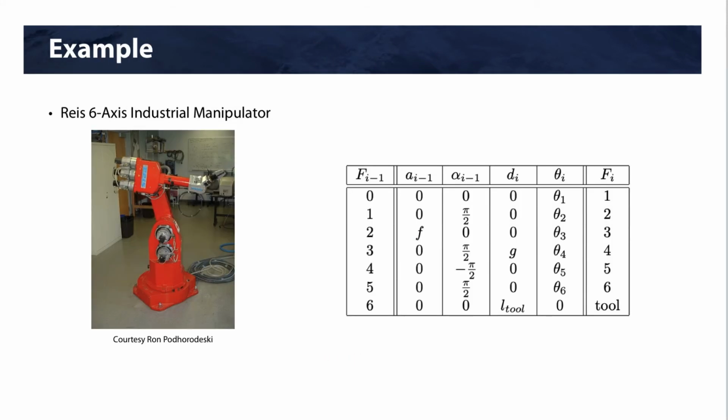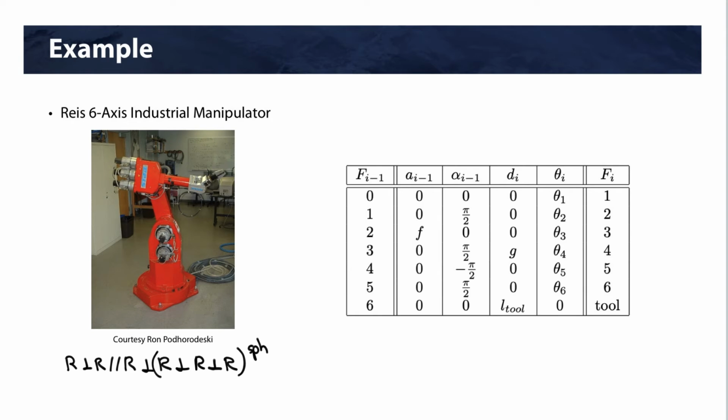So let's look at an example. We're going to use our 6-axis Rice industrial manipulator. Just as a reminder, this has the layout of R, perpendicular R, parallel R for our main arm, then perpendicular R, perpendicular R, perpendicular R, where these last 3 joints intersect to form a spherical wrist.